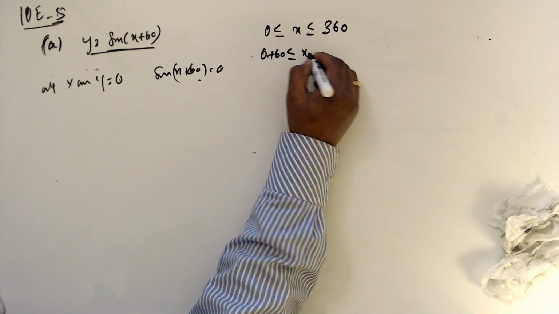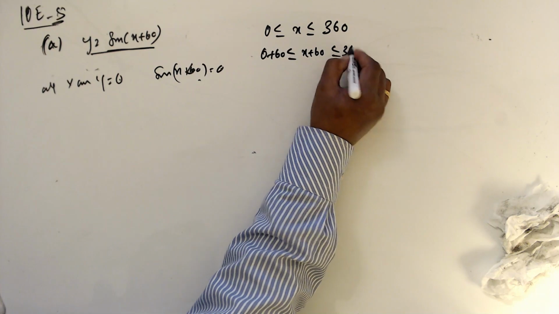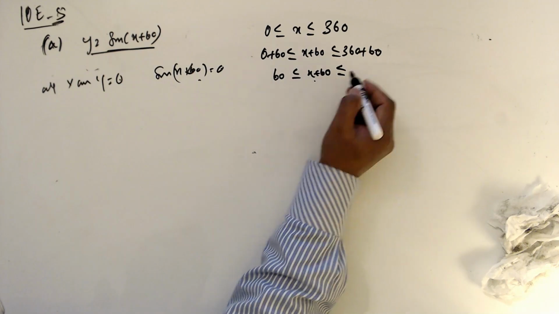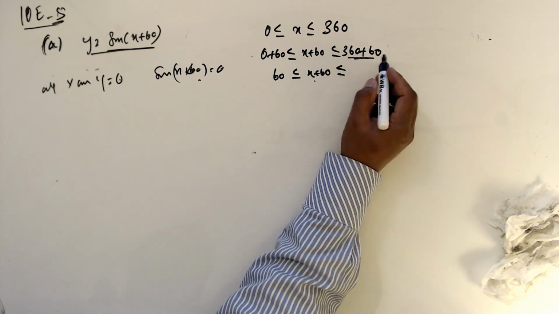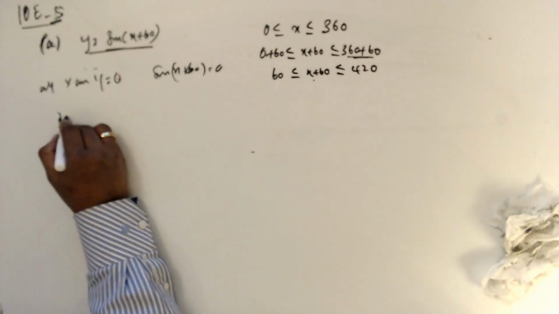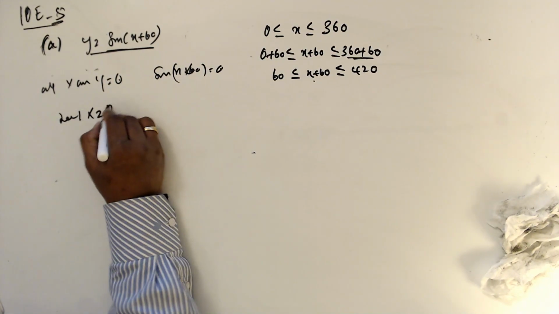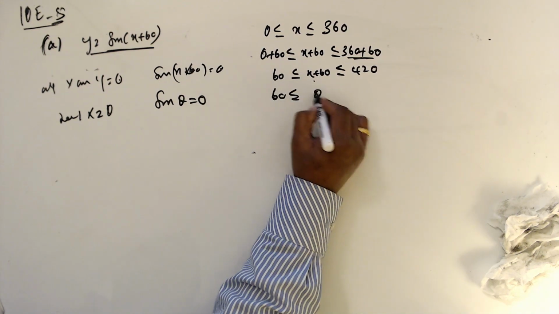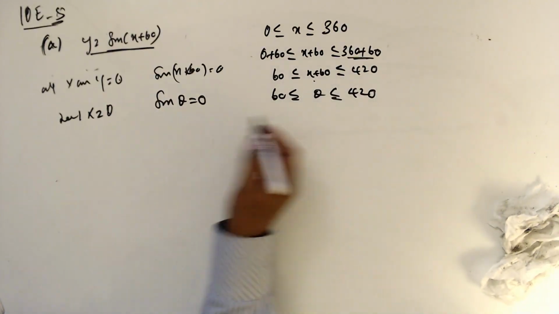So x plus 60, and 300 and plus 60. So this is 60, x plus 60, and this is going to be 420. Now let x equal theta. Now sin theta equals 0, 60 less than theta less than 420.